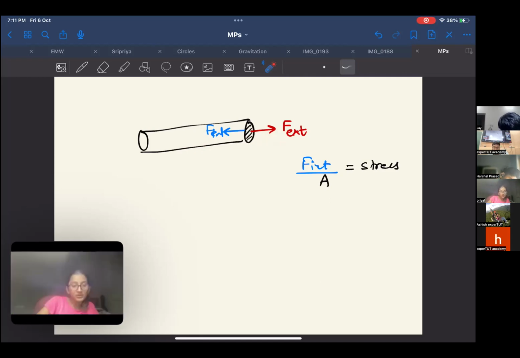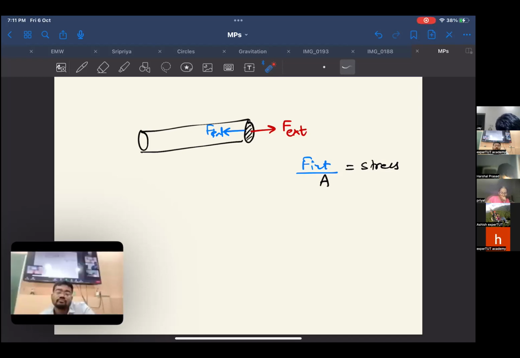The atom separation is in the same direction as the force applied.